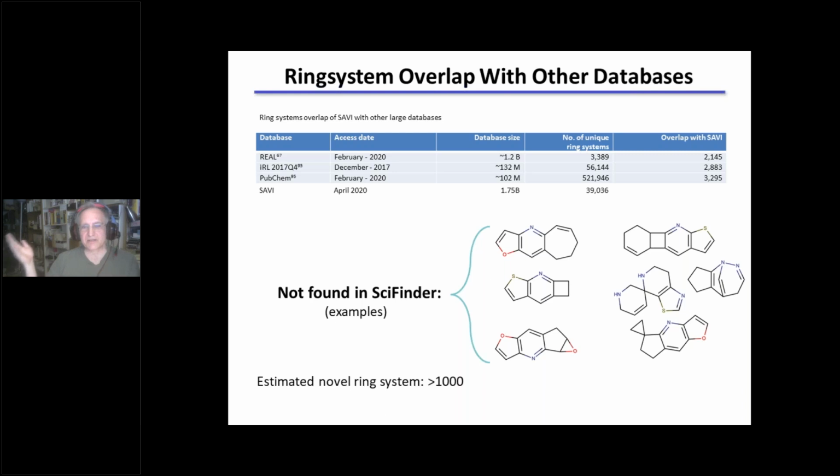And people would say, well, maybe the CAS registry is the best source. Well, you can get access to it. So we estimate that we have generated maybe more than 1,000 novel ring systems. So this is also interesting, right? You say we have made rings that have not been seen before.